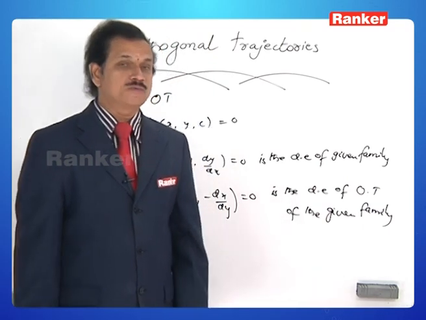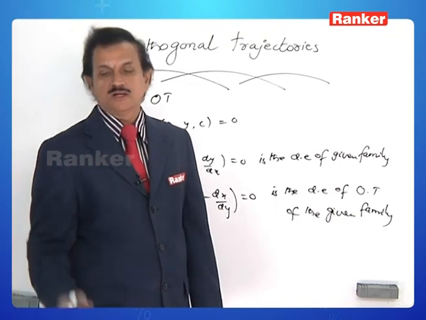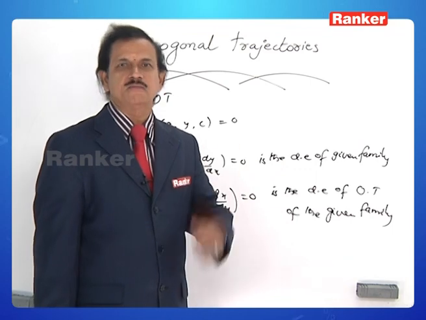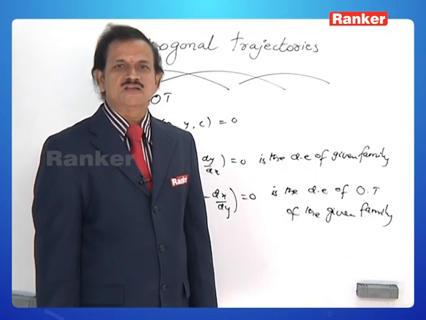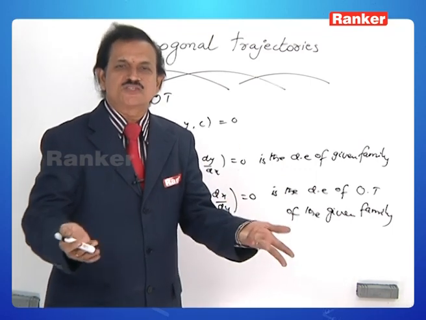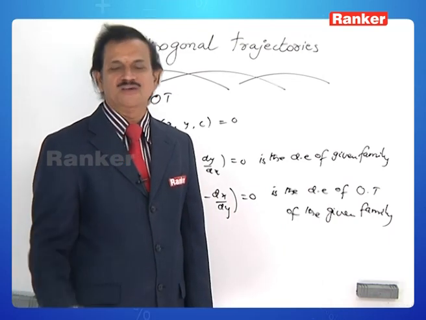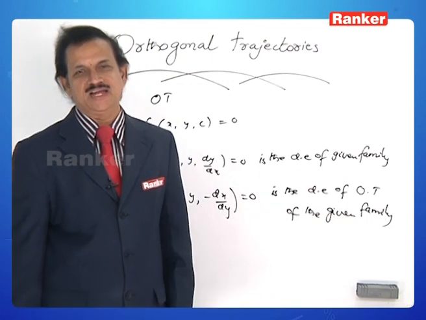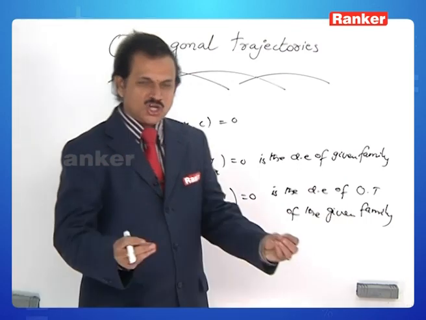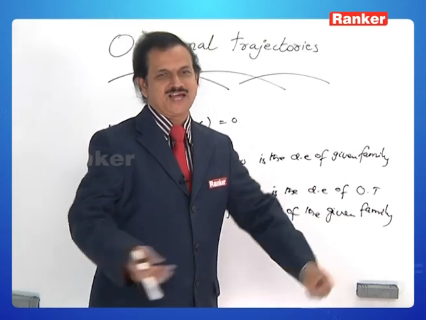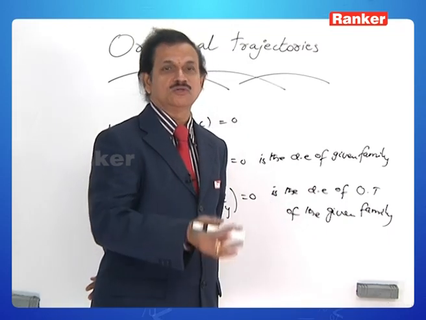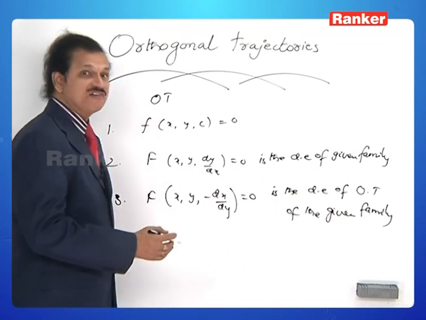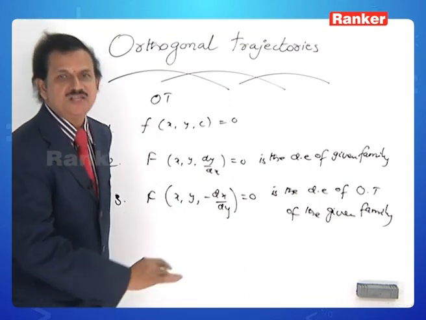Okay then, how to find the angle of intersection? Slope of the tangent, dy/dx. Slope of the tangent, dy/dx. The product of these slopes must be minus 1. So, if this is dy/dx, automatically this will be minus dx/dy. That is the shortest route to have the differential equation of the OT.